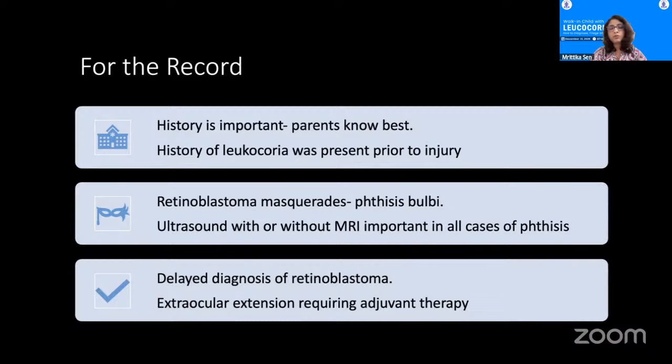And finally, I would also like to emphasize the morbidity associated with delayed diagnosis of retinoblastoma, which leads to, like in this case, extraocular extension, which requires prolonged therapy with radiation as well as high dose chemotherapy. So, thank you very much.